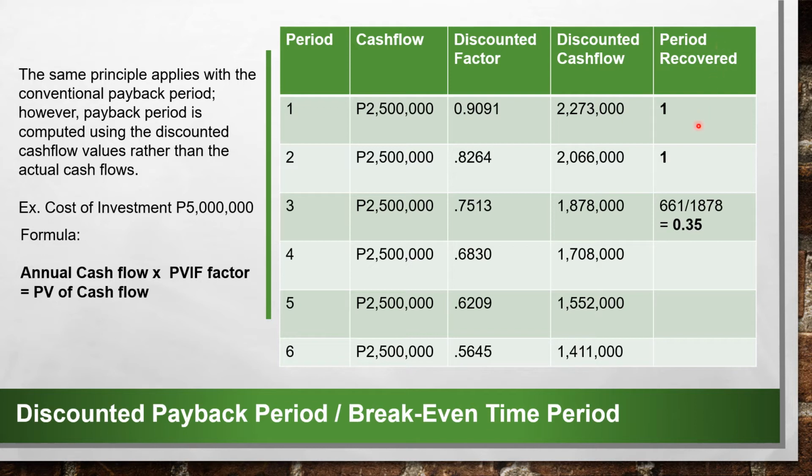So period recovered 1, the same, 25 times 0.8264 equals 2,066,000 for another period. So we have here what is left. So if we add 2273 plus 2066.